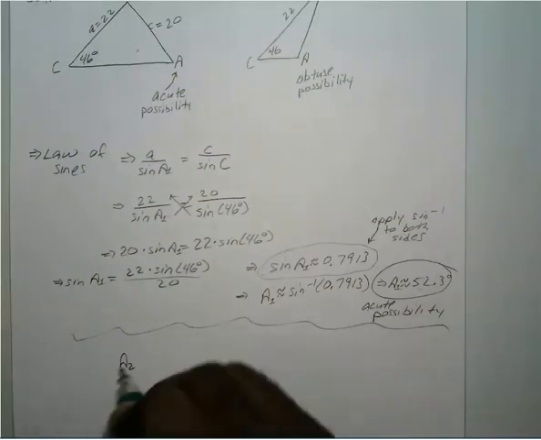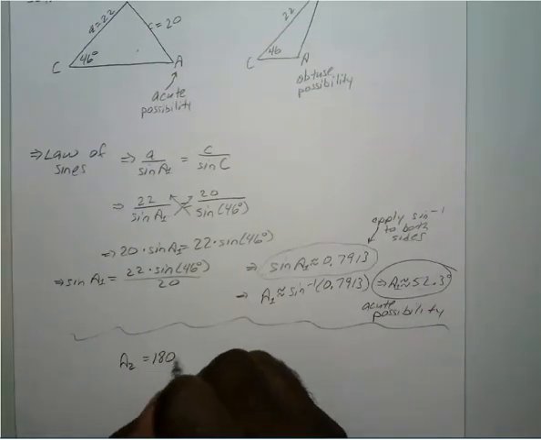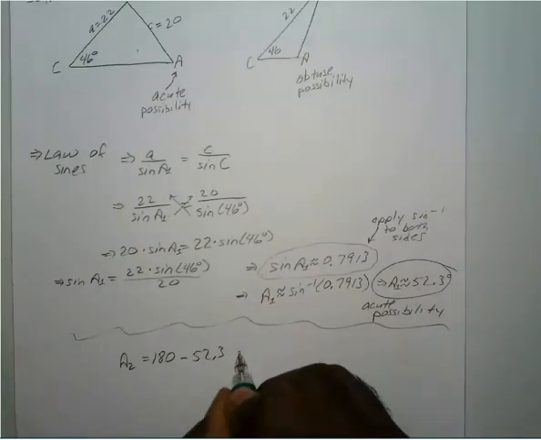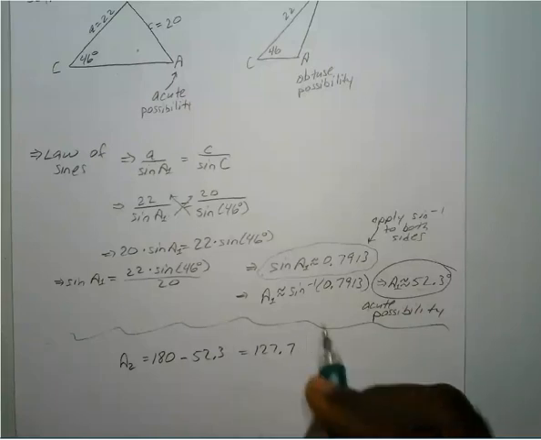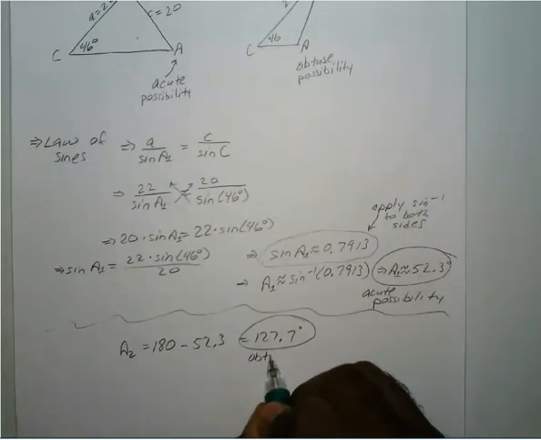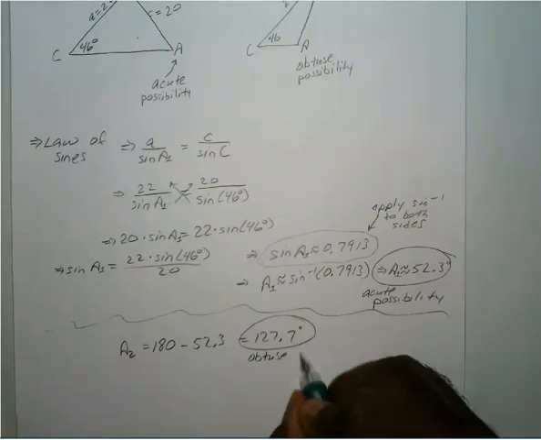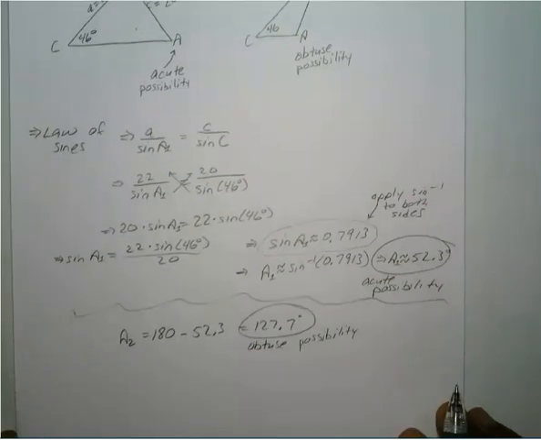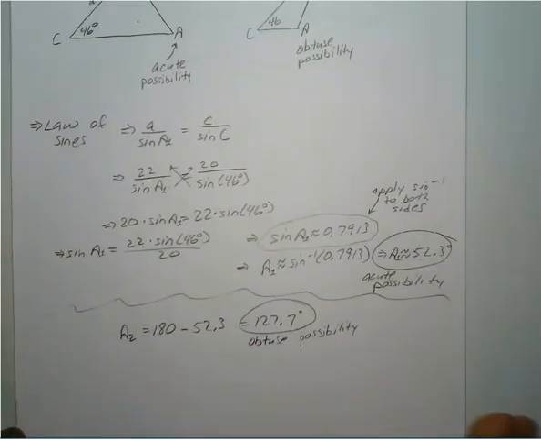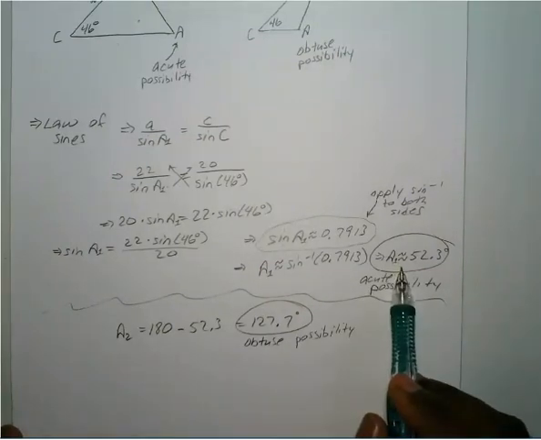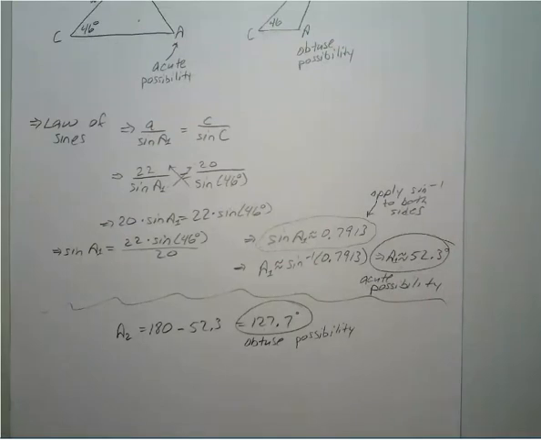To find angle 2, we have 180 degrees minus the 52.3, which is 127.7 degrees. And this is your obtuse possibility. Now you can always check these: if you add these together and they're less than 180 degrees, then you know both are valid possibilities.